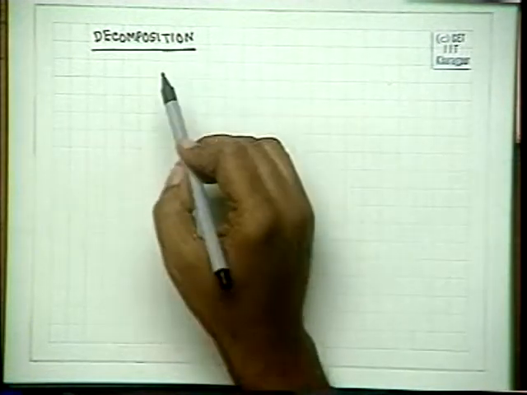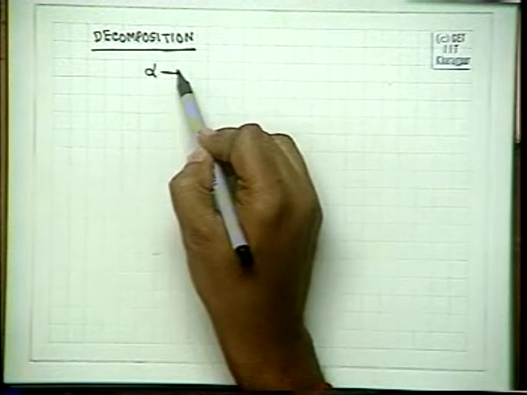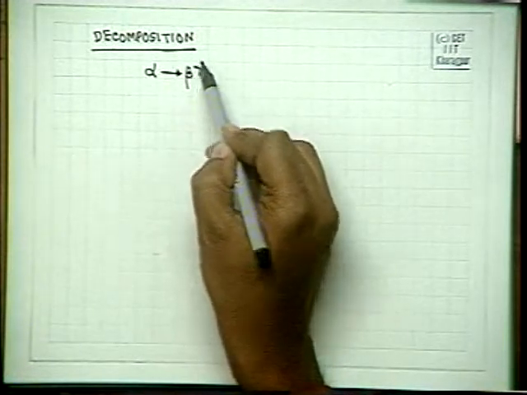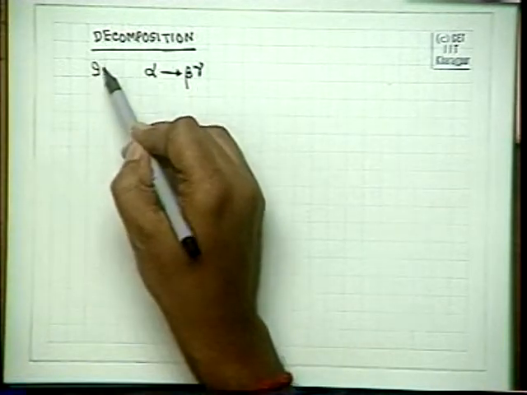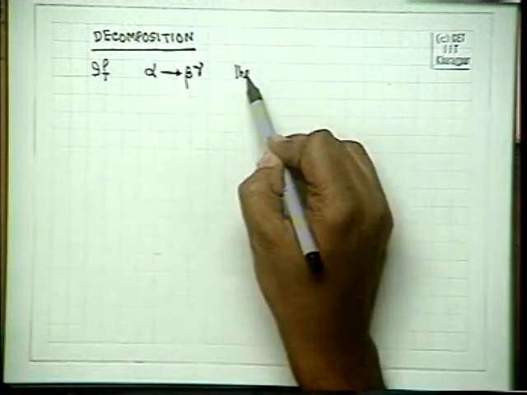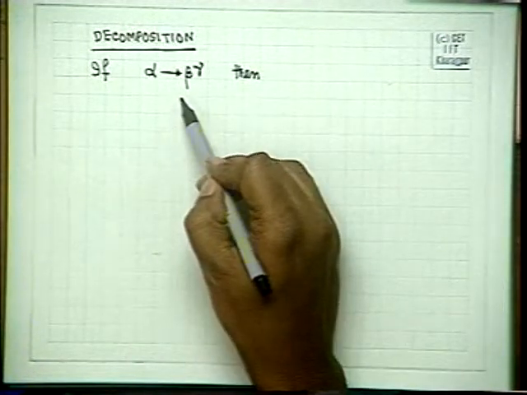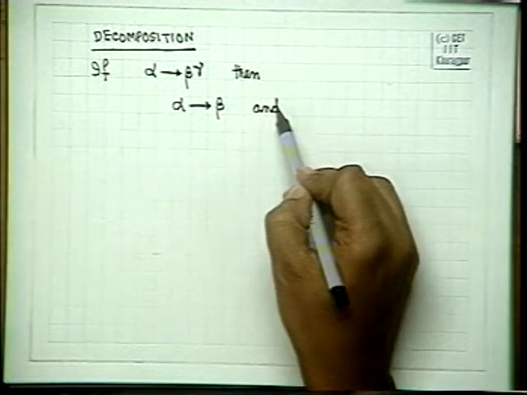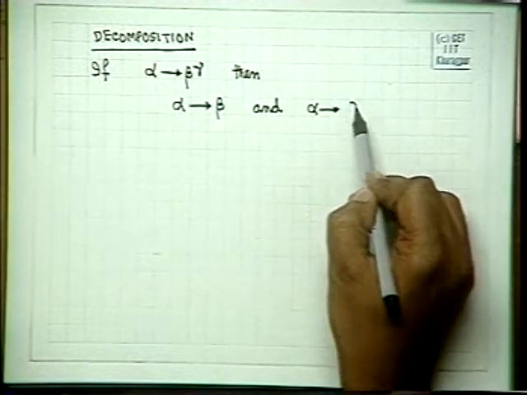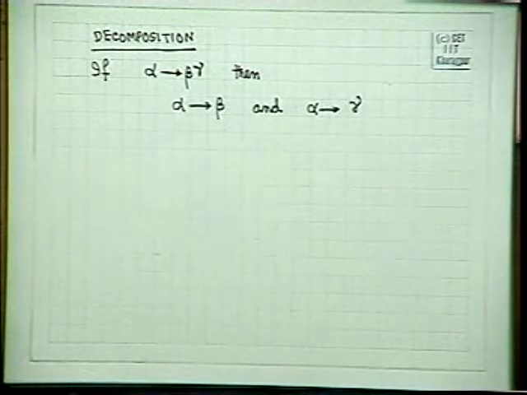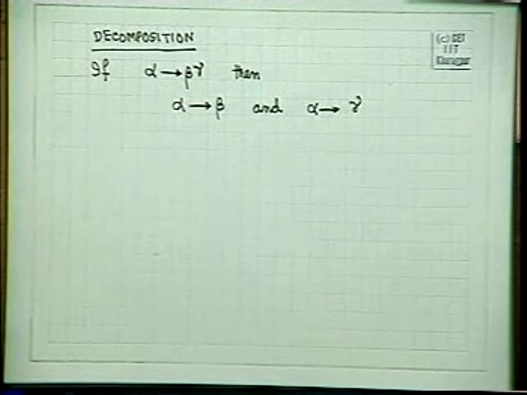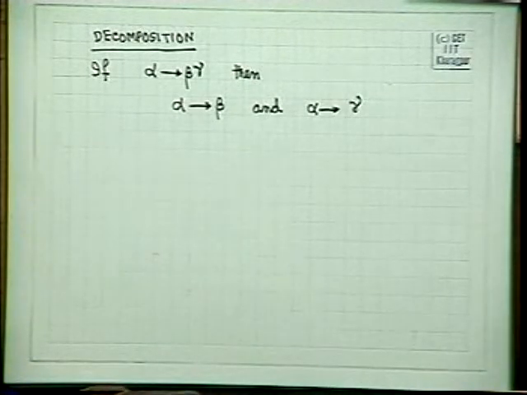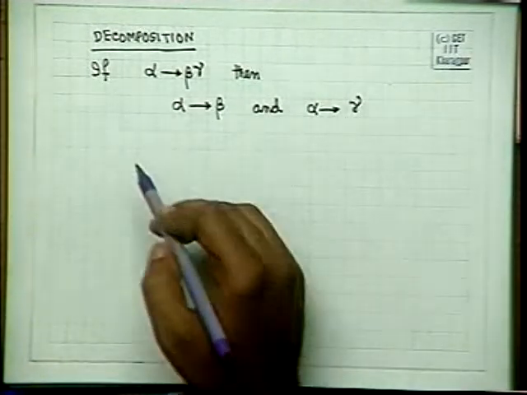The decomposition rule says if alpha to beta gamma holds, then alpha to beta and alpha to gamma holds. This can also be derived easily using Armstrong's axioms.